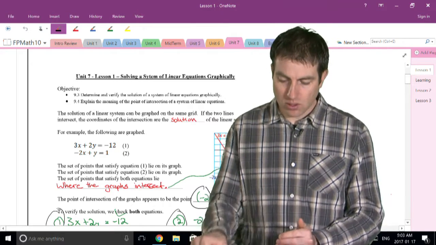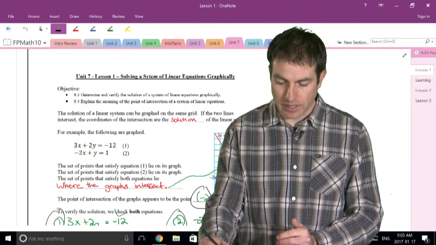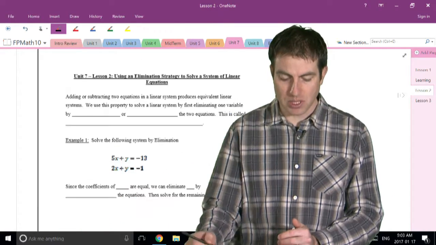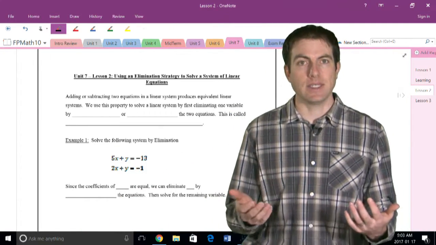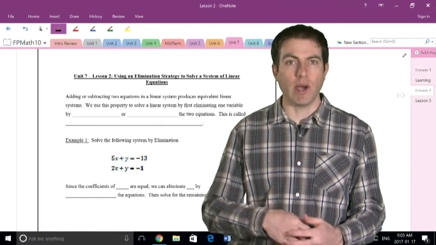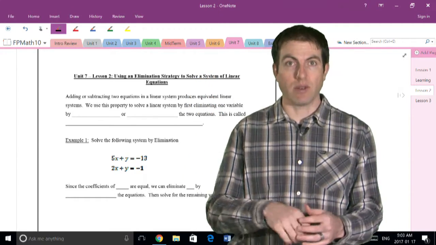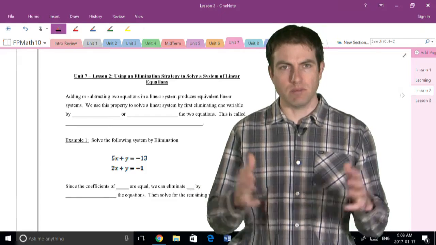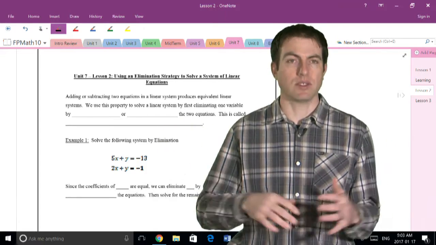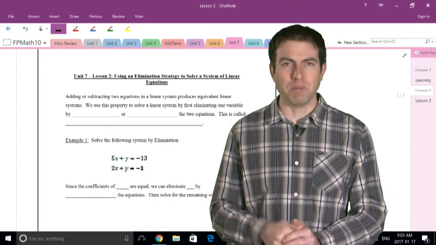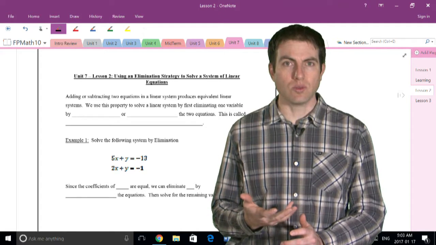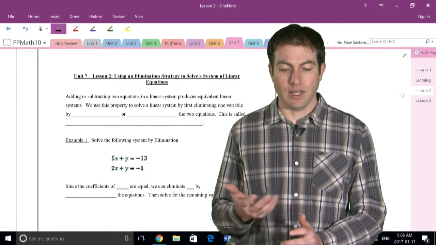Sometimes it's not quite that easy. Sometimes your lines aren't going to be nice, easy to deal with numbers. Let's say your y-intercept's like 500. Well, to draw a graph with a y-intercept of 500, it's going to be a really big graph, and it's going to take a lot of paper, and it might not be the best method to use when solving a system of equations.